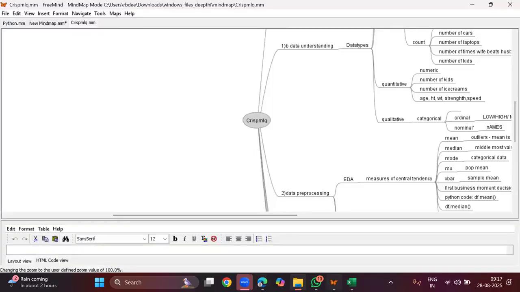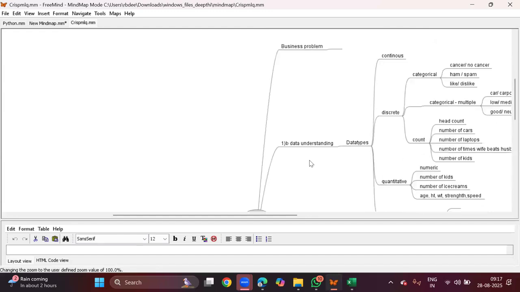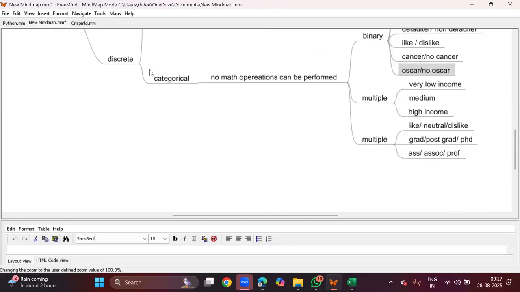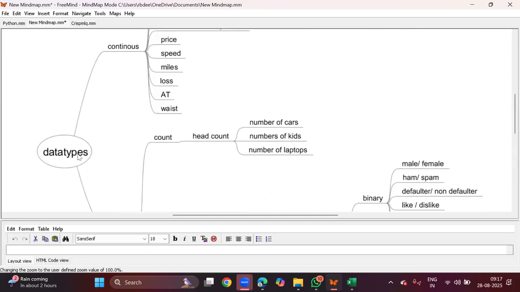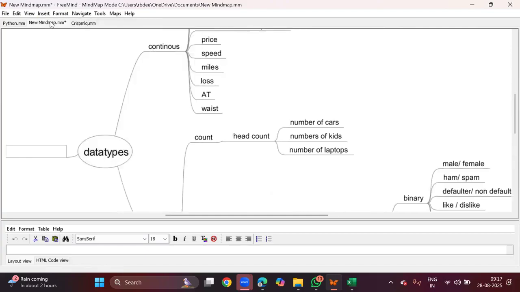Okay. So this is what we have understood till now, count data. But technically speaking, in some textbooks they call these data types quantitative and also qualitative.